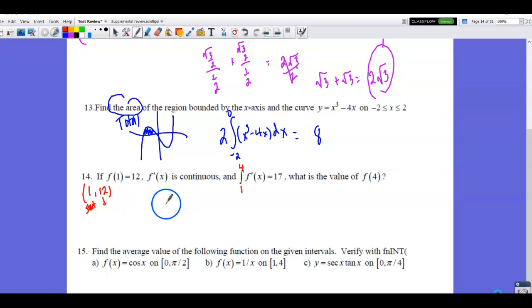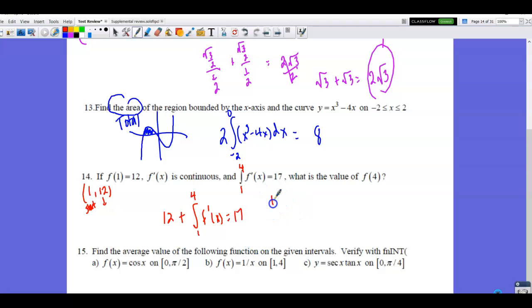So the numbers were from 1 to 4, so we have 12 units of area accumulated. We're going to start at the x value of 1. We're going to stop at the x value of 4. F prime of x is equal to 17, and we're trying to find f of 4.